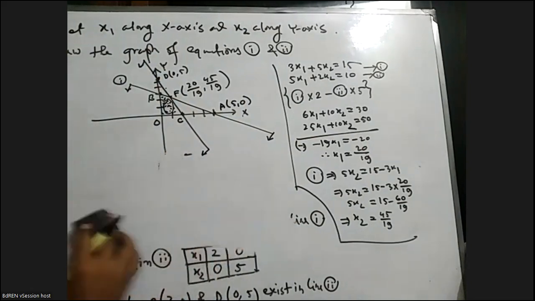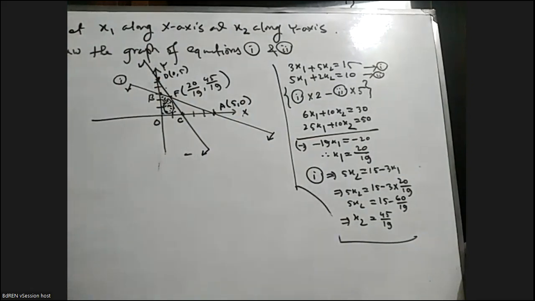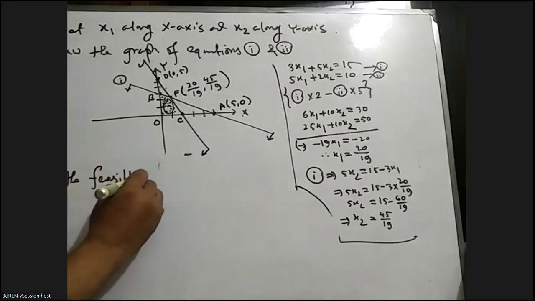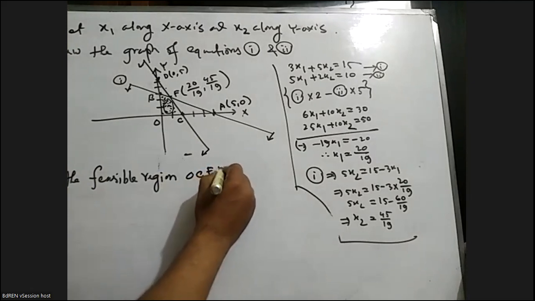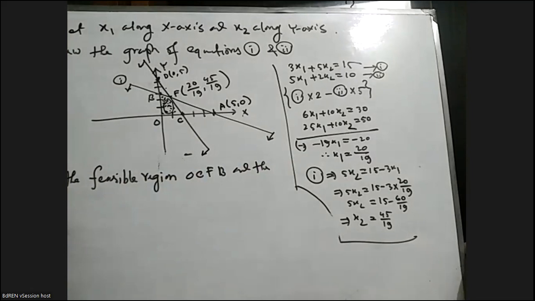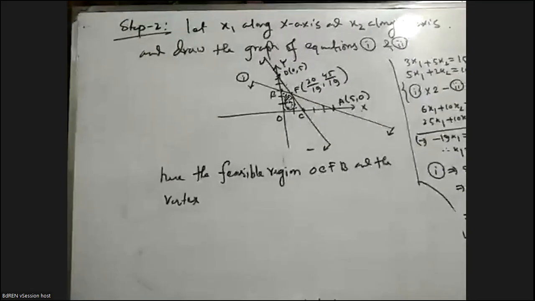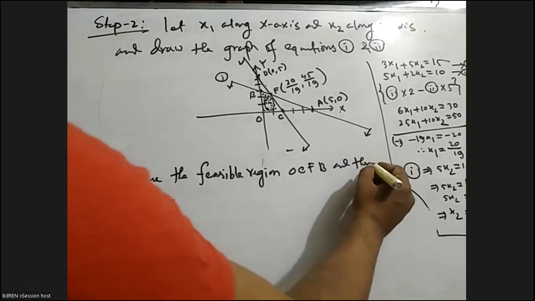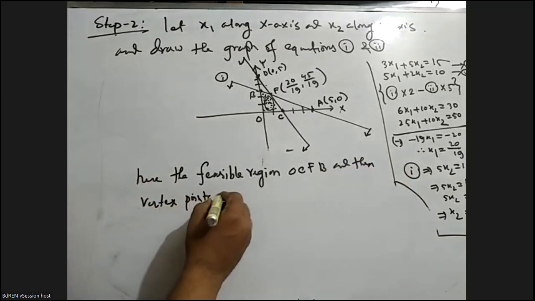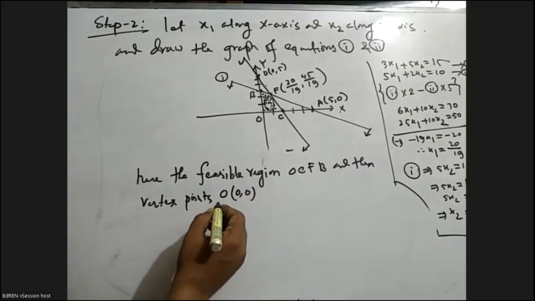Now step 2. Here the feasible region is O, C, F, B. And the vertex points or corner points will be: O is 0, 0.